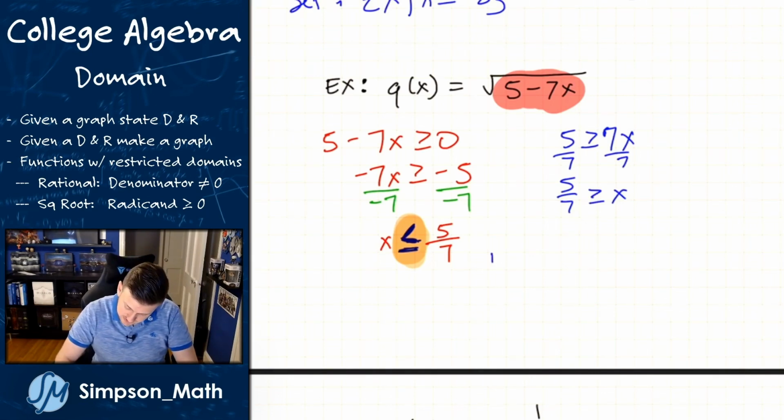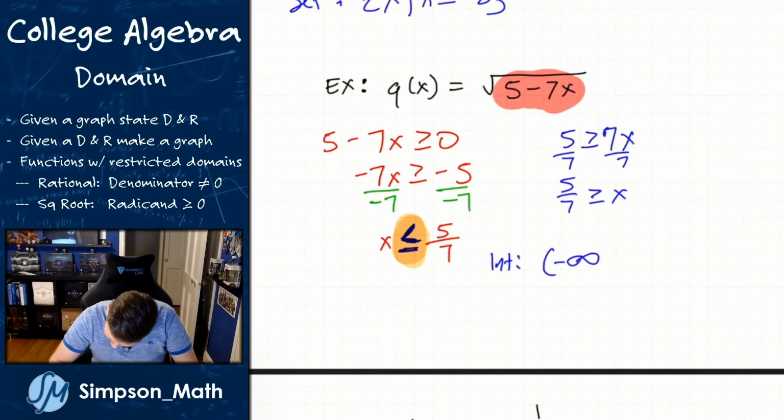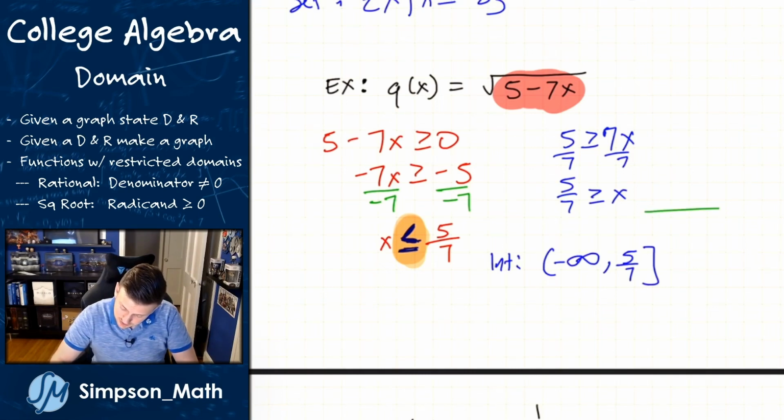So this is in terms of interval notation. Negative infinity, gross, infinities today, negative infinity to 5/7, square bracket. Let's draw a number line right here real fast. Here's 0. Oh look, I found 5/7 is right there.